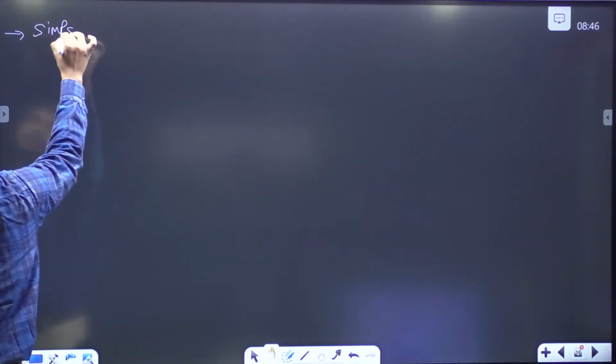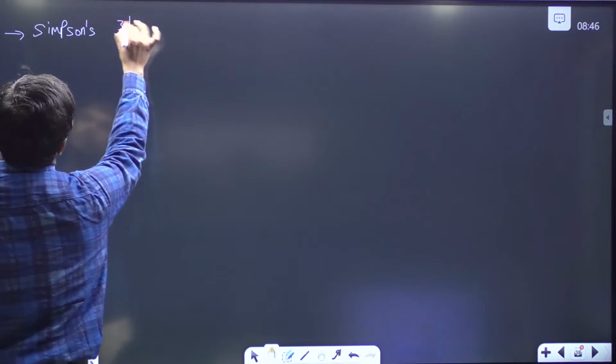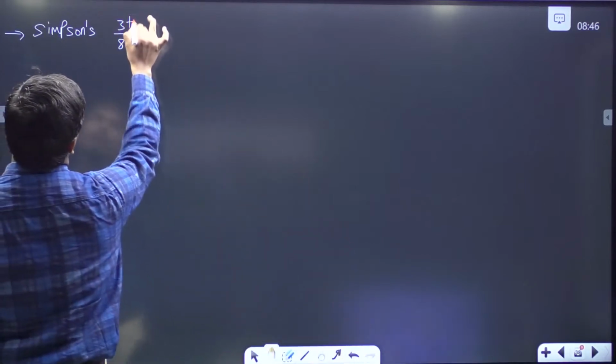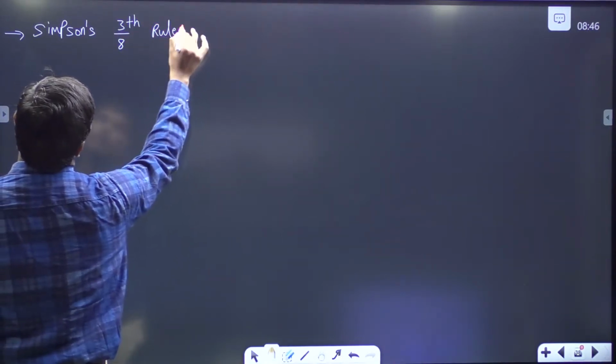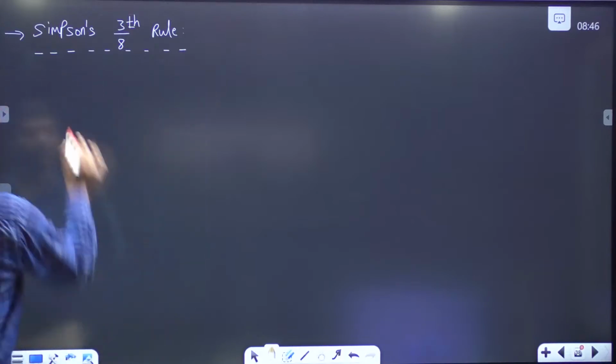Simpson's 3/8 rule. Again, I write the same story.